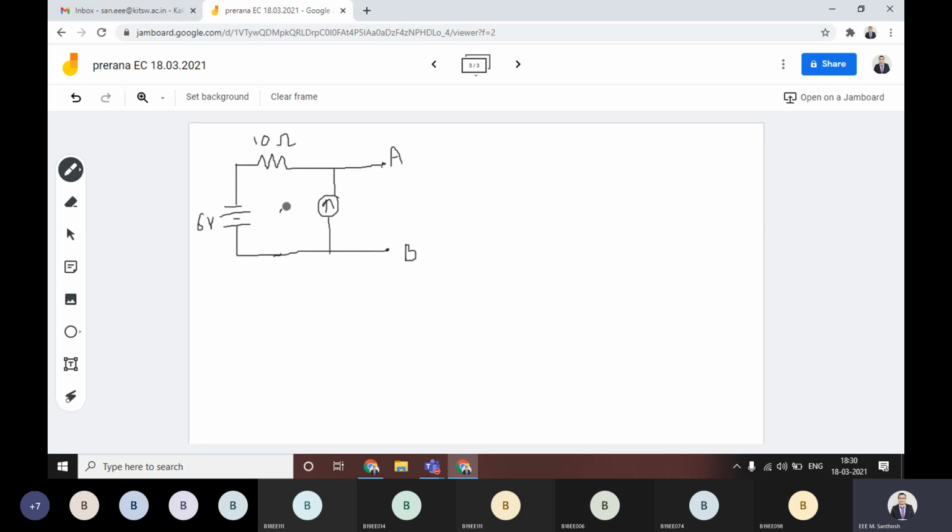This current source value is 3 amperes. Then you have to find the value of VAB. So time starts now. You have to find from this circuit the value of VAB, the voltage across the AB terminals.